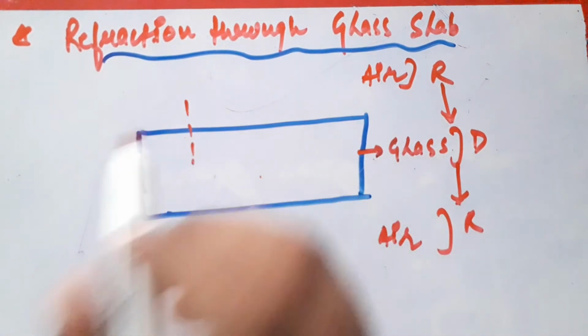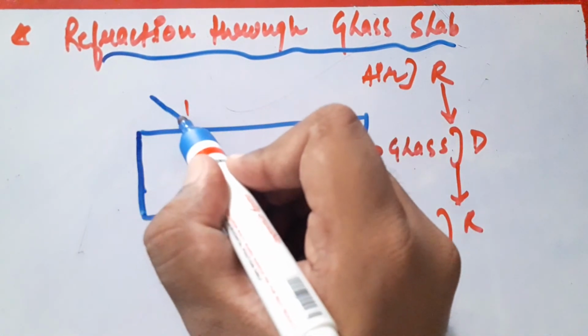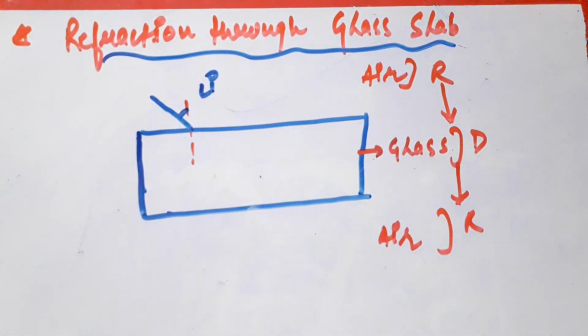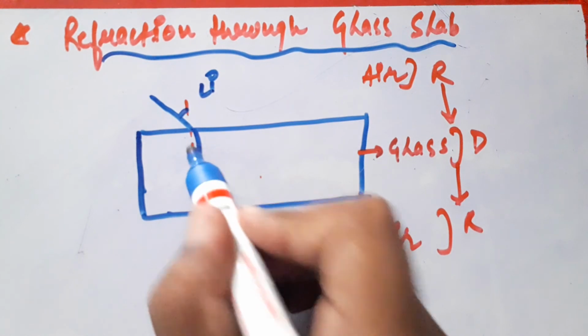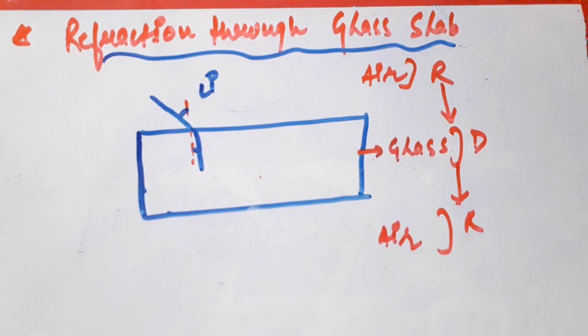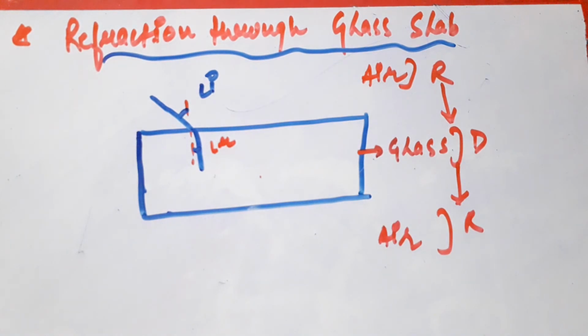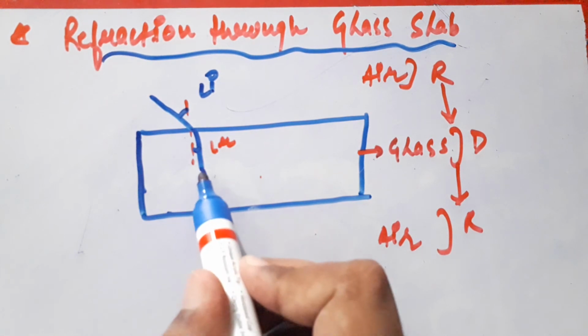So I am drawing a normal, and this is your incident ray striking, making the angle of incidence, right? So now it is going to the denser medium. When the light is going to the denser medium, it will bend towards the normal, so its angle is decreased. So this is your angle of refraction, right? Now the ray of light is going to the second interface.